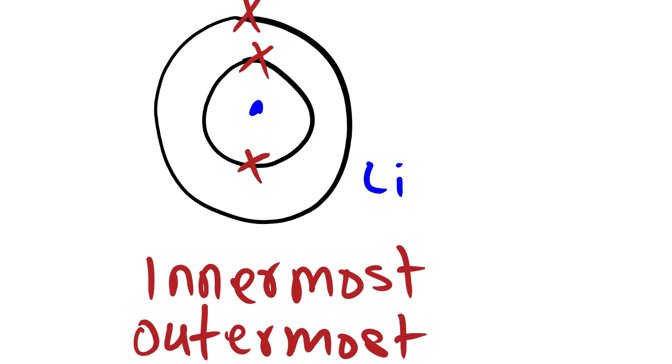In the case of this lithium, we have only a single electron in the outermost shell. What this lithium will do is to find or get electrons so that it would fill this entire shell with electrons. And we say this shell can house 8 electrons.